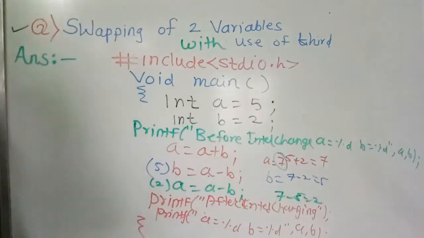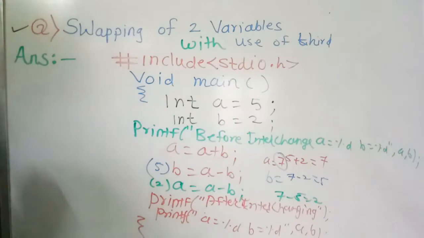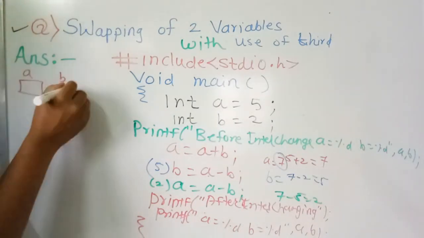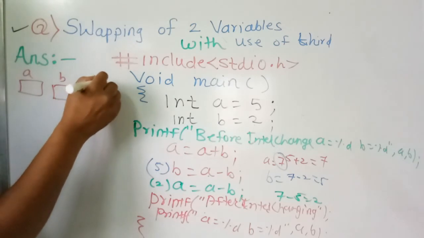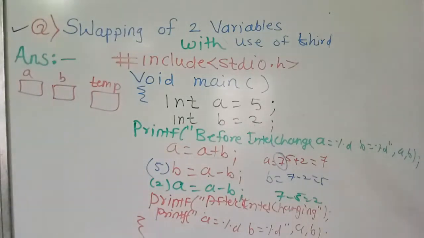How will we use the third variable? Like this A and B, we have to accept another variable. For example, this is A, this is B. We have to accept one variable. We will give a meaningful name to it, that is temp. Temp is nothing but a temporary purpose variable.